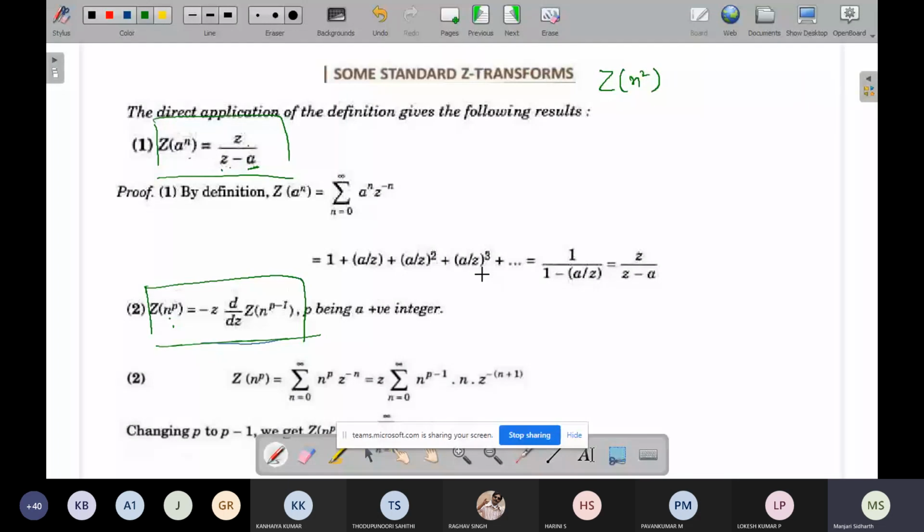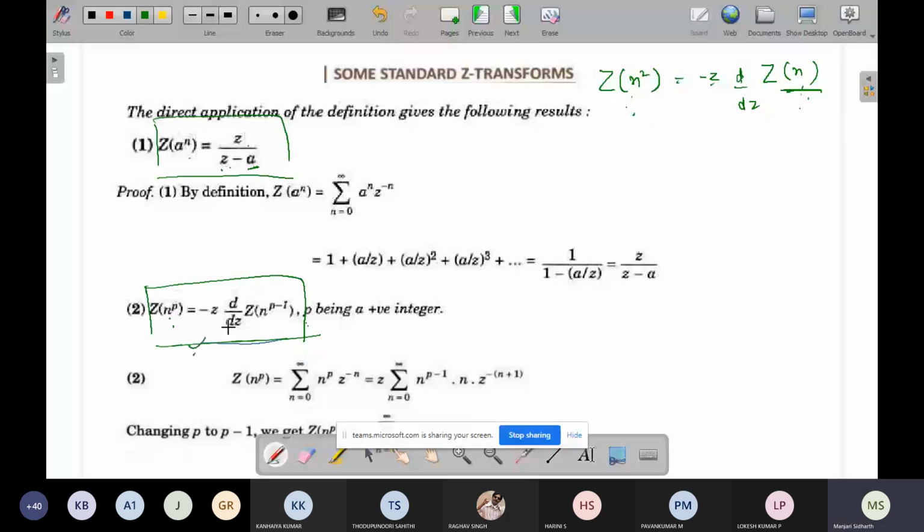Z transform of n square means, according to this formula, minus z d by dz of the Z transform of n. So suppose we have the Z transform of n, we simply take a derivative and then multiply by minus z, and you will get the Z transform of n square. But before that we need this, right? So first we'll prove this.